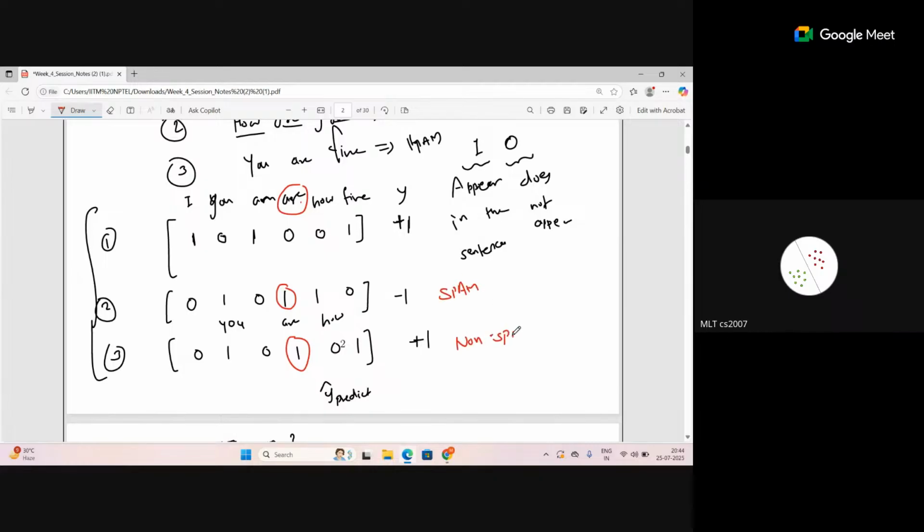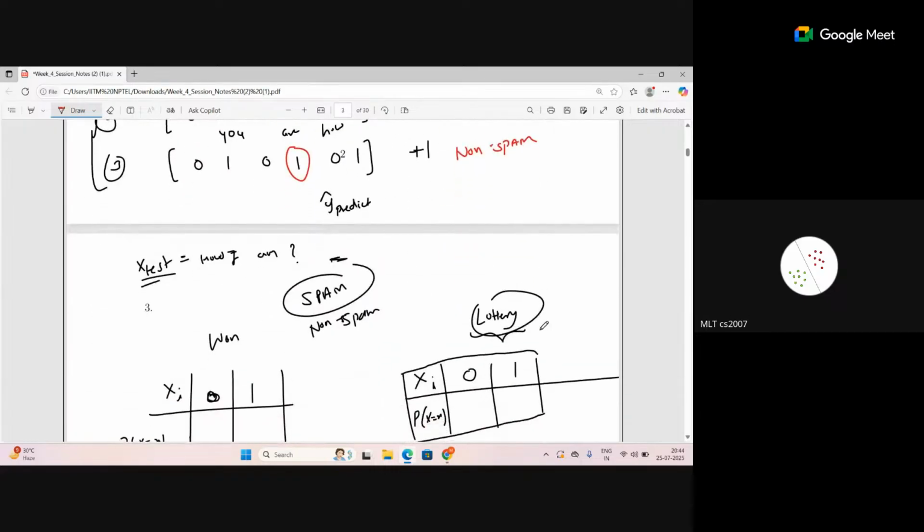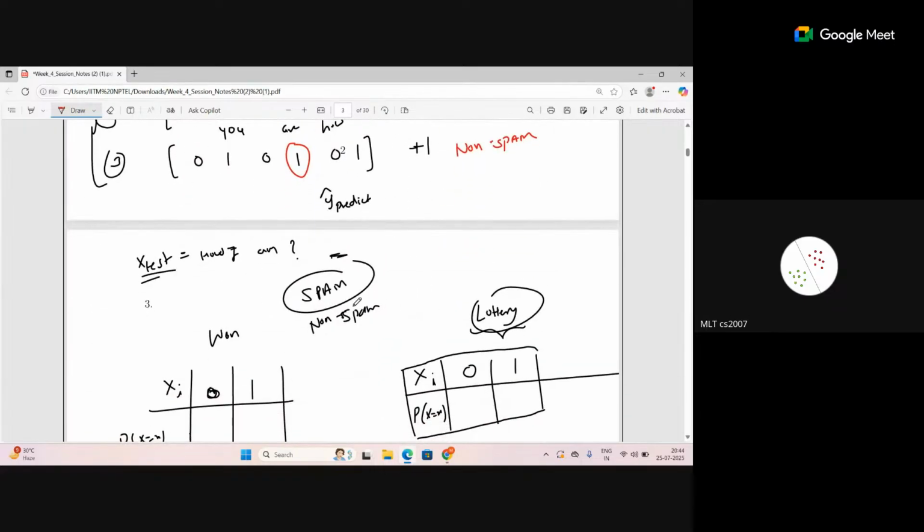Similarly, lottery also can occur in spam or non-spam, but will the probability of it occurring in spam email be higher than that of non-spam, or will it have the same probability in both?